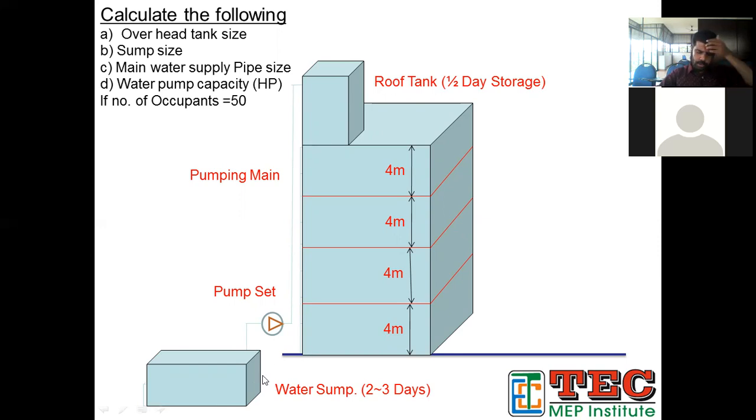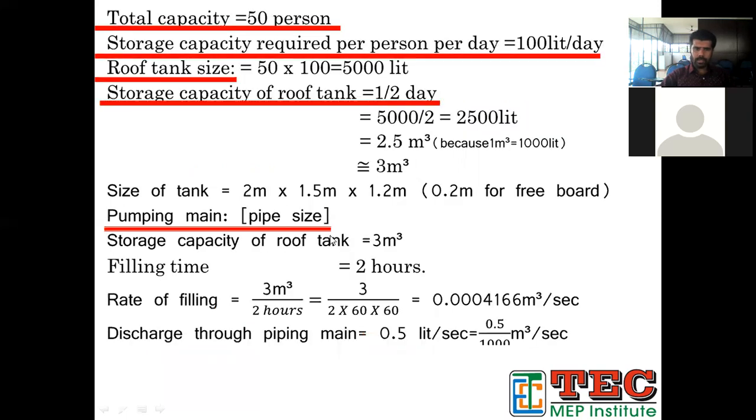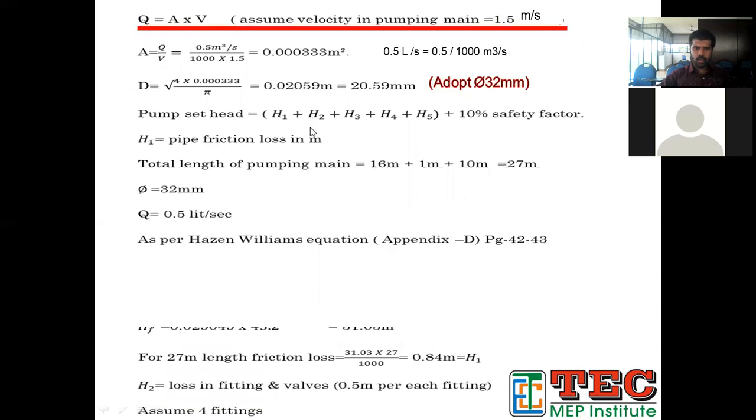So 1.2 plus 16 means 17.2, plus 1, 18.2. Okay, so 18.2 is the HS plus HD, suction plus delivery. Just leave this. Then again you have H3, H4 and H5.